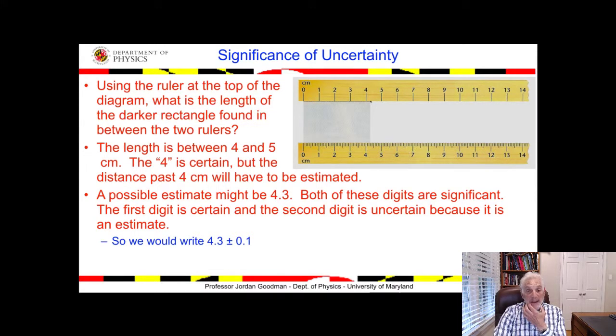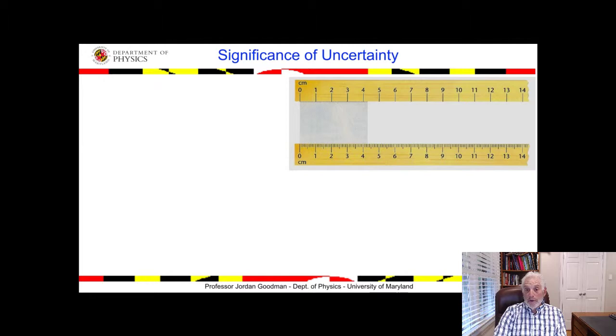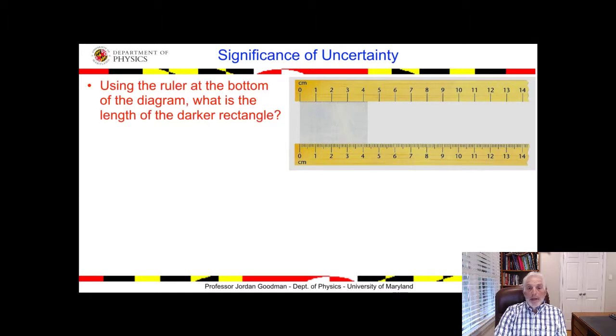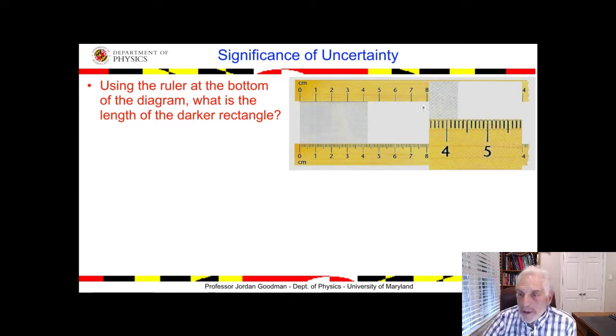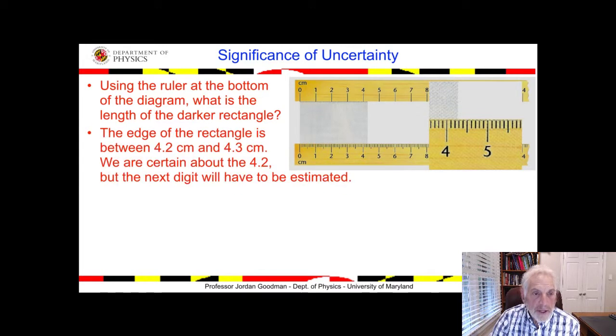Now, if we do the same problem using the ruler on the bottom, then we're going to get something different. If we blow this up a little bit, which we can do on our computer, and we look closely, we can see that our number is something like 4.2 and 2 point something. If I were to estimate that, I would say it's probably 2.6. So we can say that it's certainly between 4.2 and 4.3 with absolute certainty.